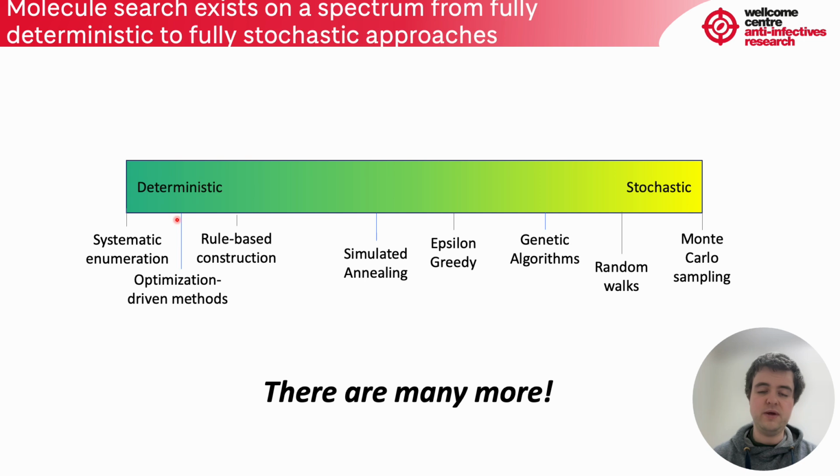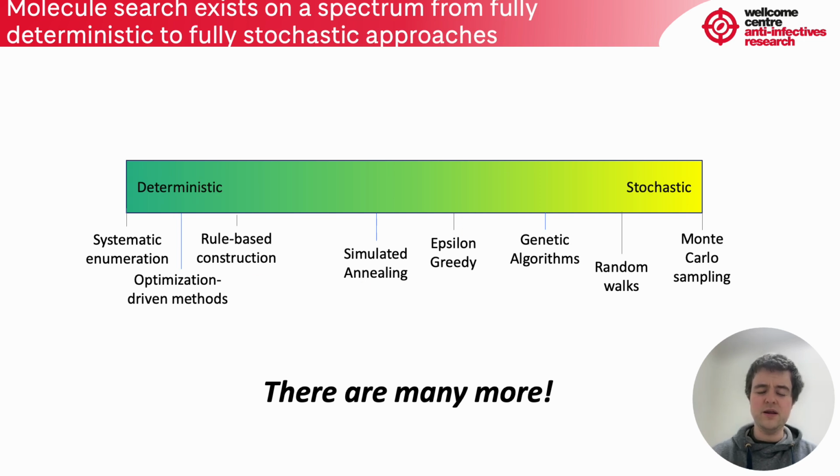On the other hand, we have stochastic search, where we are relying on more of a probabilistic framework. So we're trying to say, okay, given 10 transformations, randomly choose one of them. This is a form of Monte Carlo type method, so Monte Carlo sampling.